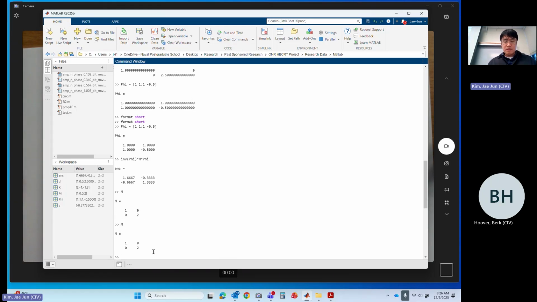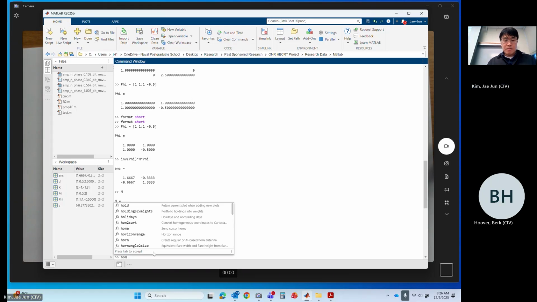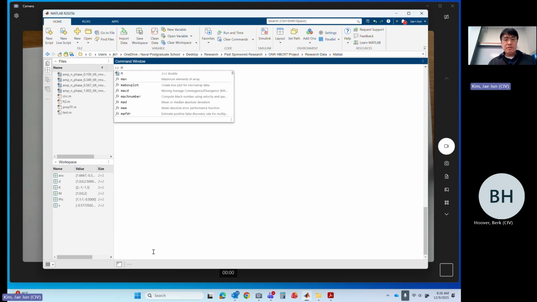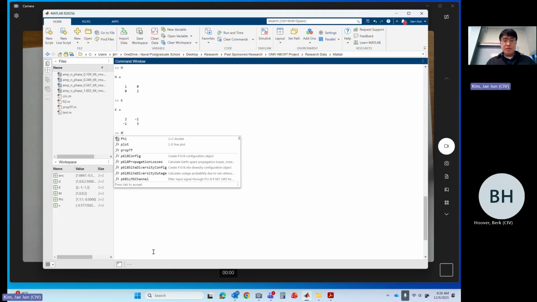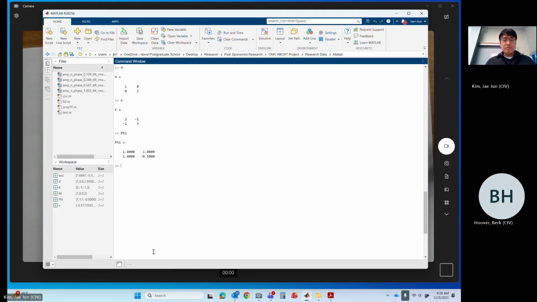Let's say M is this, K is this, and our P is this. Is it like 2, not like 1? Negative 2, is it, for the B?